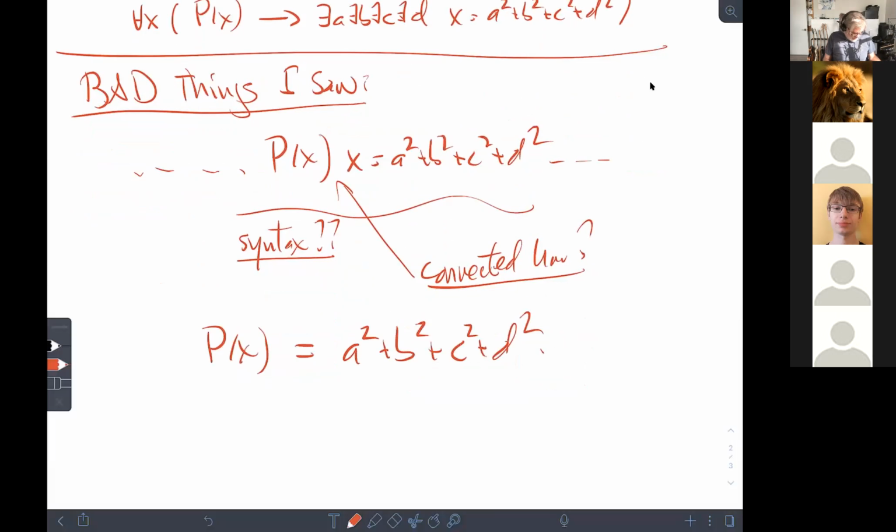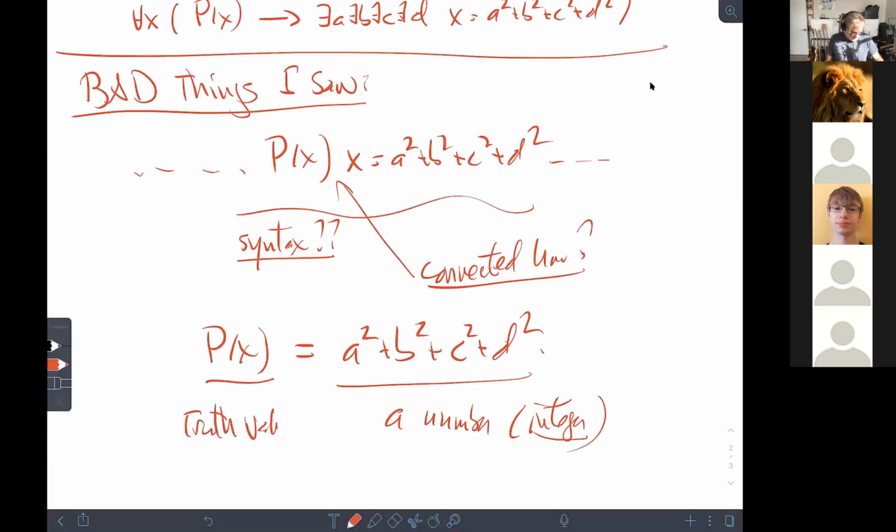I'm sorry. So if you look on this, this is a number. This is an integer, right? That's the nature of this object. What is the nature of this? It is true or false. This is a truth value, right?